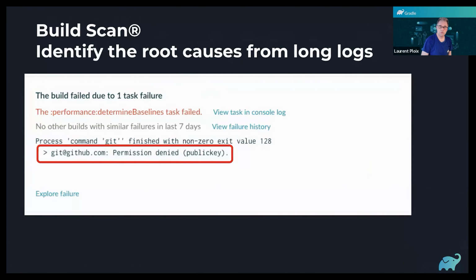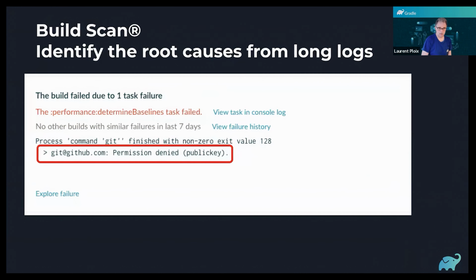And of course, it will also show you if you run a build and you have, like in this case, a Git problem. What is interesting about this case is that those two lines, the fact that the Git executable returned a non-zero exit code and the fact that it's permission denied, are very far apart in the log files.